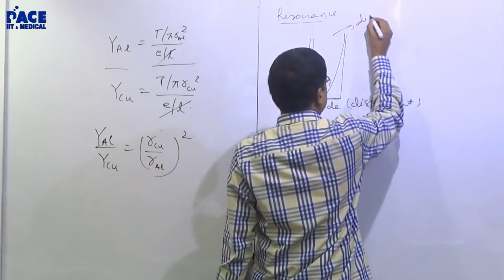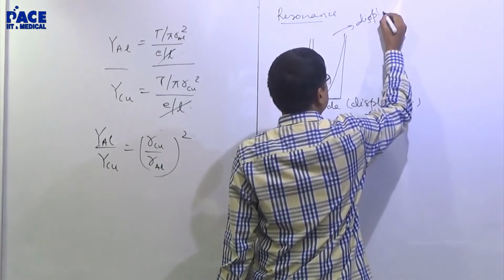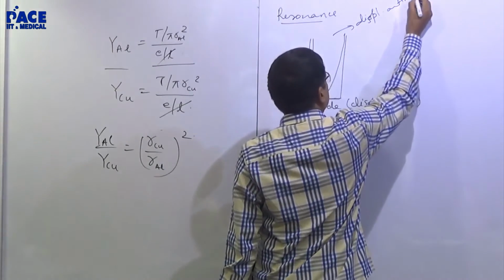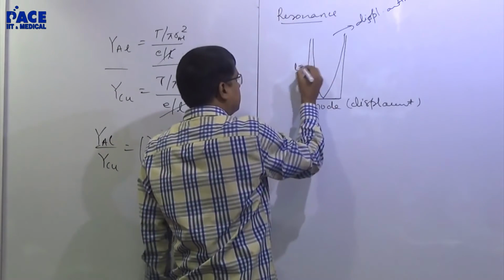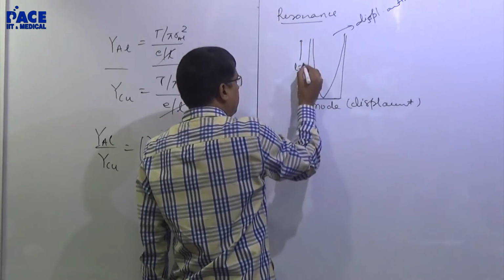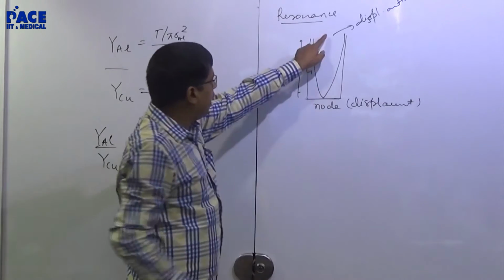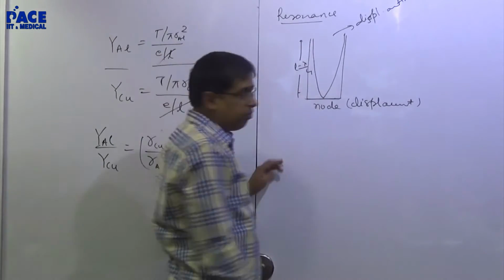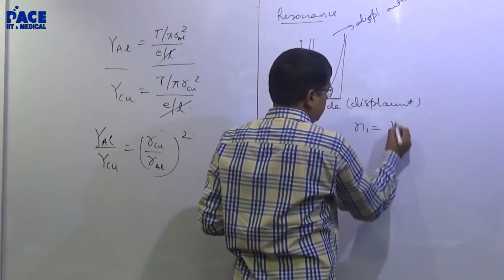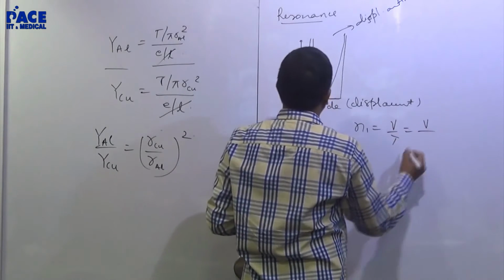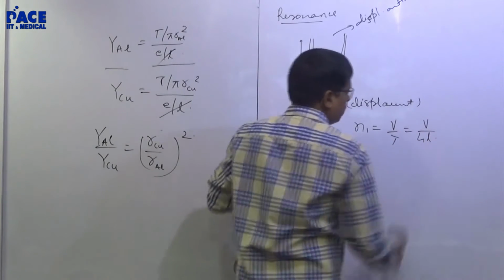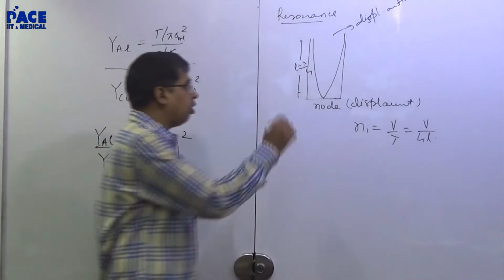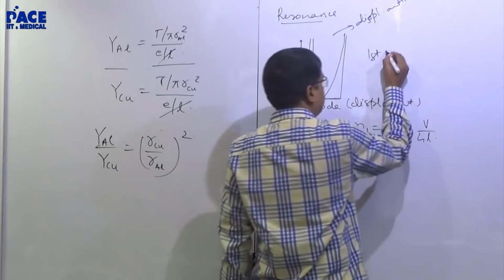This will be a displacement antinode. This length will be equal to lambda by 4. Antinode to node is lambda by 4. So you will have N1 is equal to V by lambda, V by 4L. This will be called the first harmonic or first fundamental.